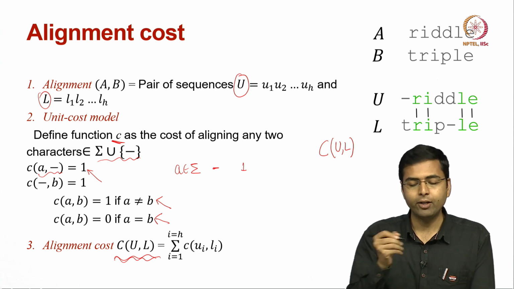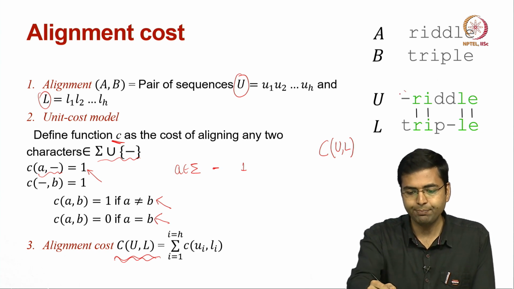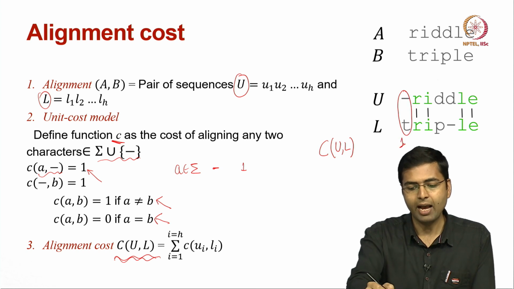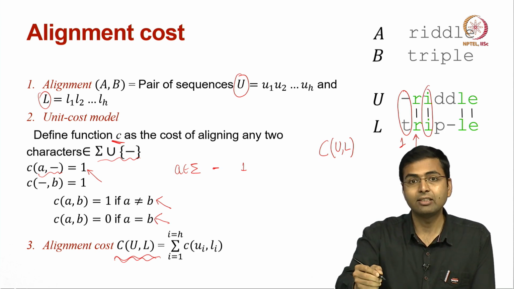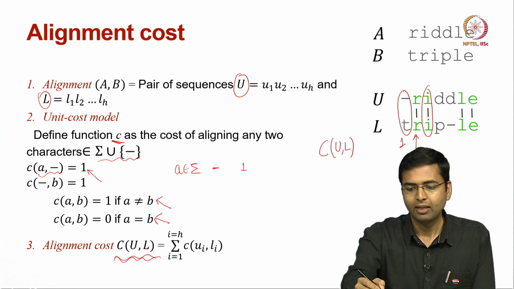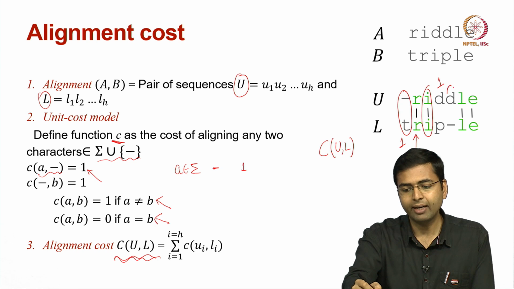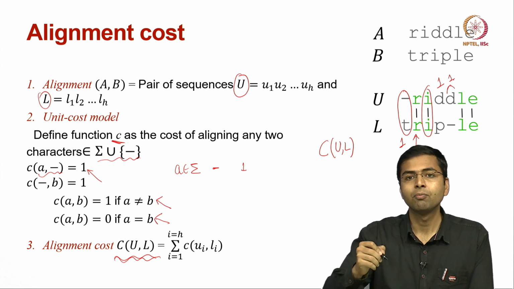So, going by the unit cost model, we can say that this particular column will have cost 1. Now, the next column is a match, so this has 0 cost. The next column is a match, this has 0 cost. The next column is a mismatch, so it has a cost 1. Again, in the next column we are aligning a character to a dash symbol, so it has a cost 1.